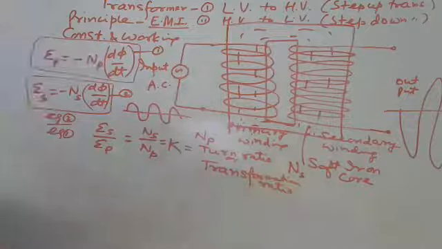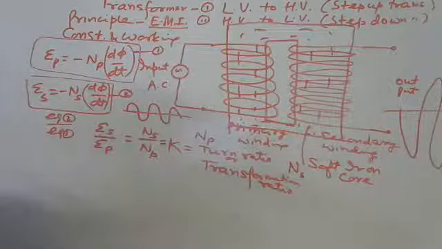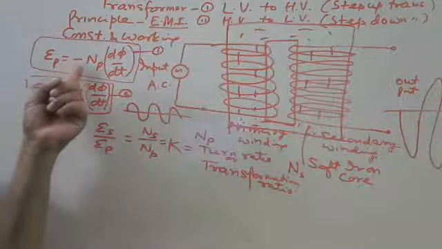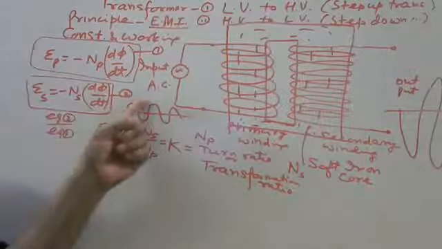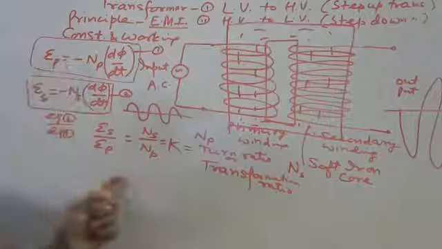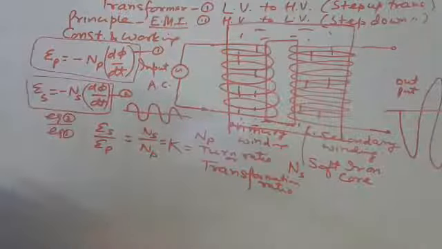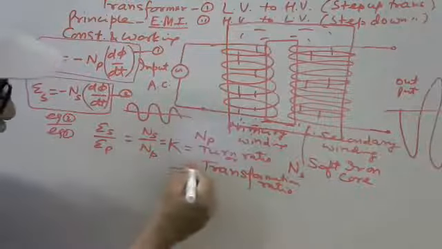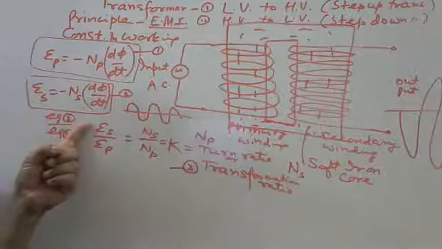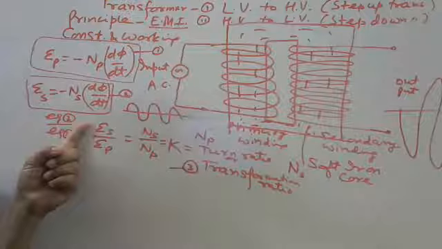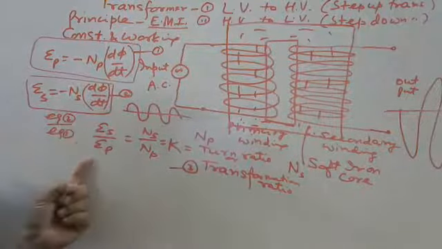Now again discuss equation 1. What is equation 1? As per the Faraday law, Lenz law, the minus sign is there and NP is the number of turns, d phi by dt. Similarly the secondary also. If we divide equation 2 by 1, we are getting this equation, say equation 3. What is ES? ES is the induced voltage developed in the secondary, and this is the primary.